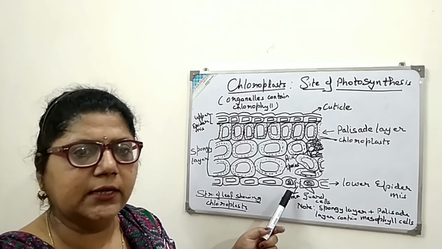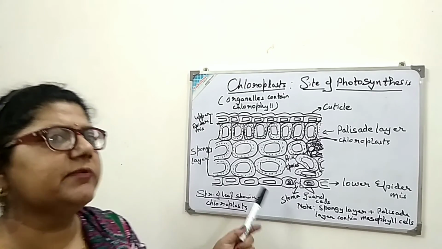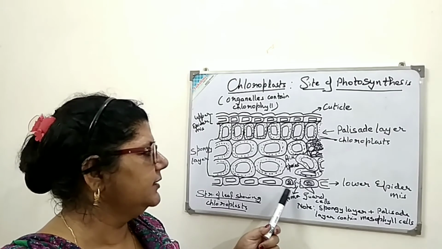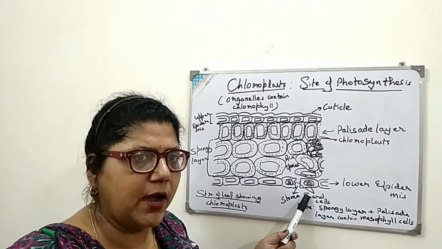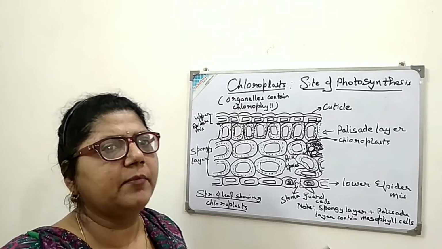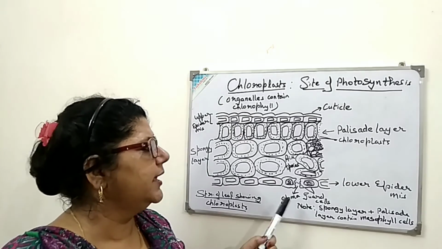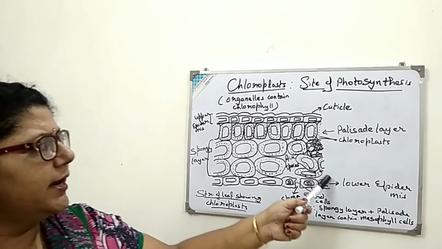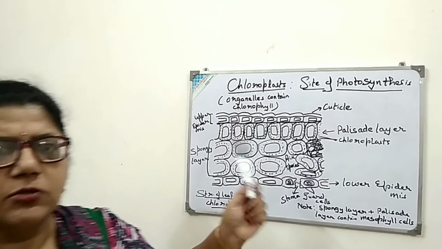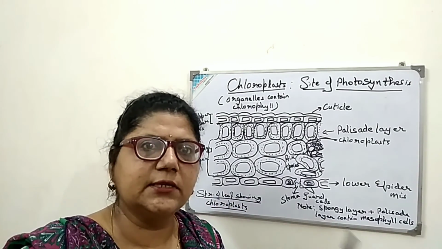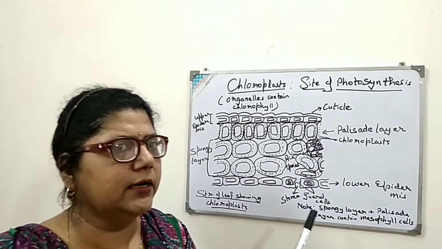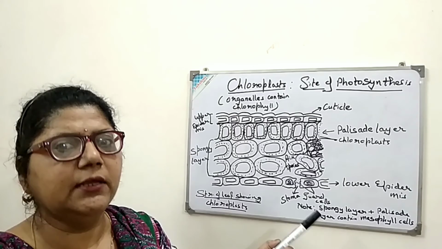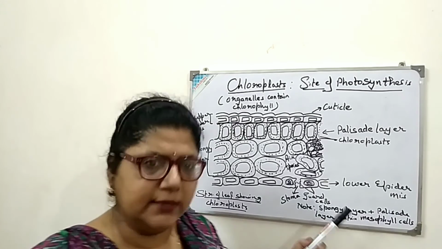As I told you earlier, when photosynthesis takes place, when the carbon dioxide enters the leaf, then the stomata are open, and when the carbon dioxide is not required, then it is closed. So here I will tell you that so many stoma, so many chloroplasts are present in the leaf. More than 100 they are present in the leaf. And a plant is having so many photosynthetic sites like that.